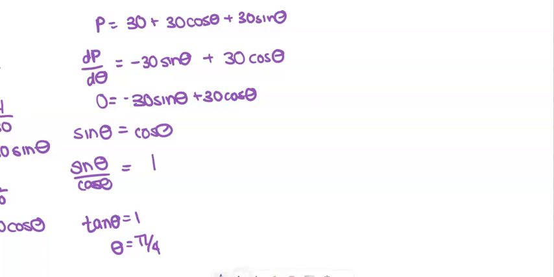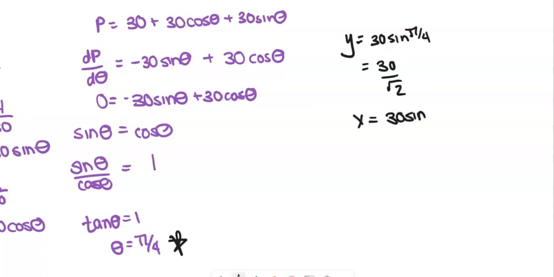And now that I know that the angle where I'm going to get the maximum perimeter is pi over 4, now I can calculate what y will be when the angle is pi over 4. So that's going to be 30 over root 2, and x is going to be the same, also 30 over root 2.